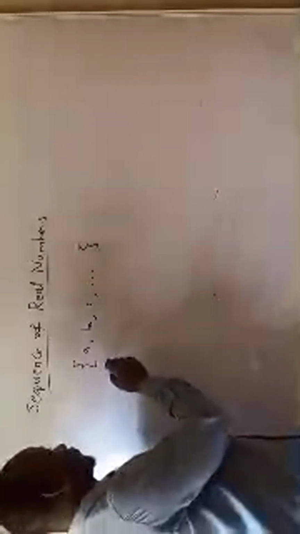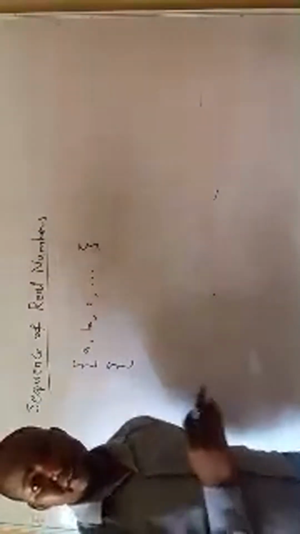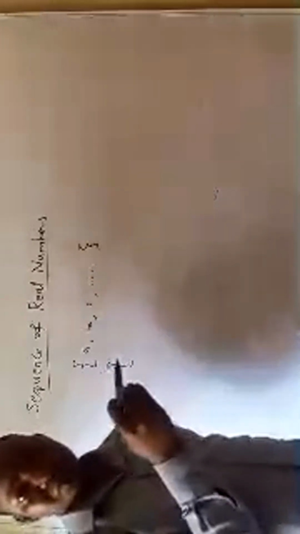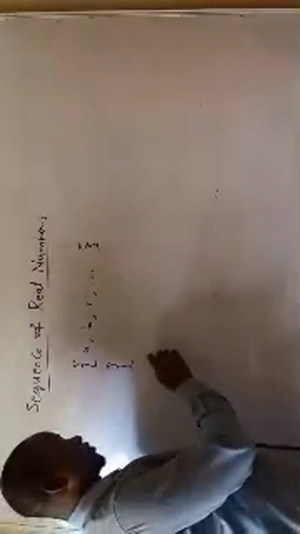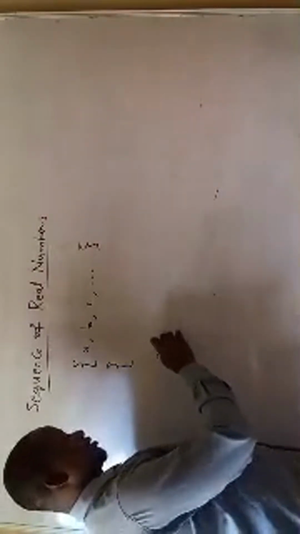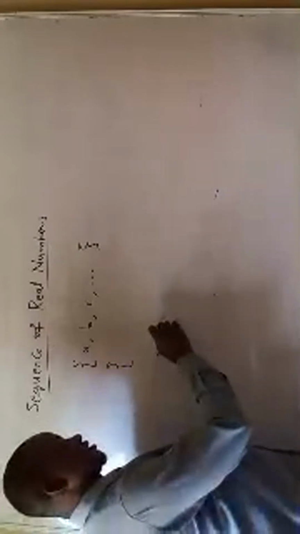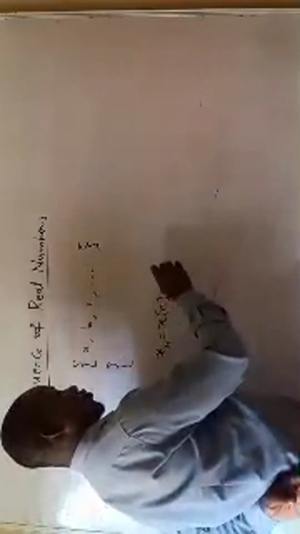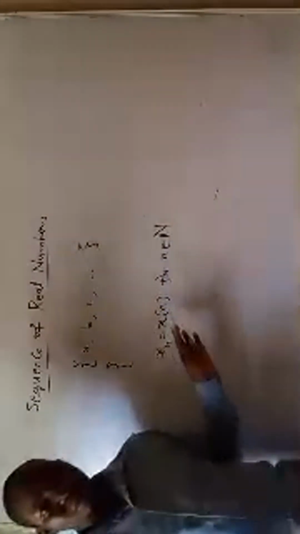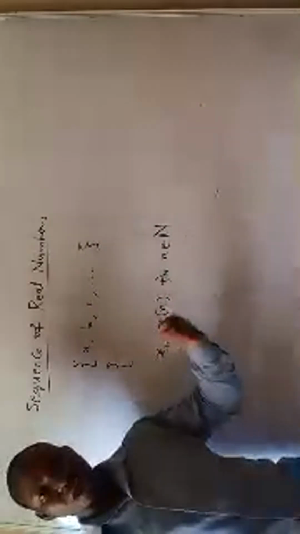So let us go back to this. When we say sequence, in this course, we'll give each element of the sequence a position, a position number. If you have the first element here, we want to use the notation xn, where xn means x of n, and this small n is a natural number, starting from 1, 2, 3, 4.